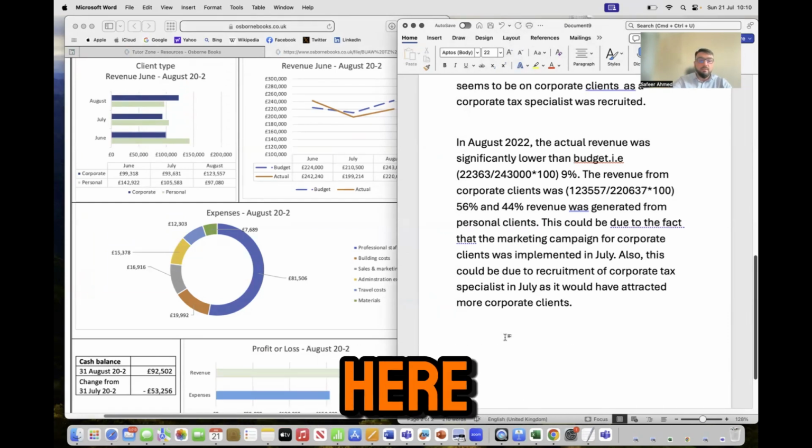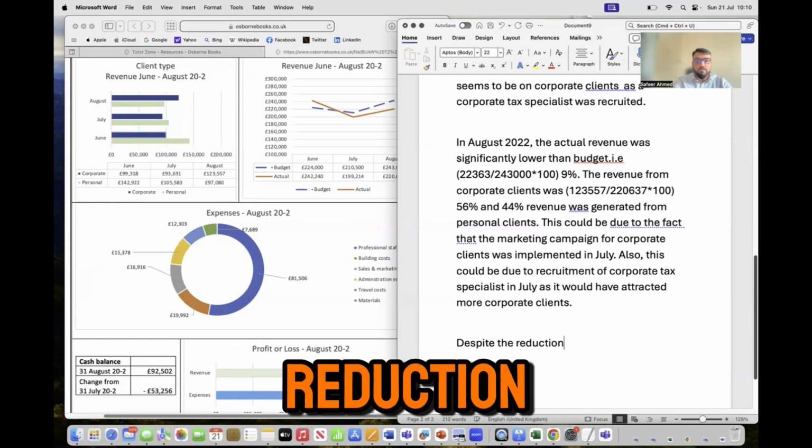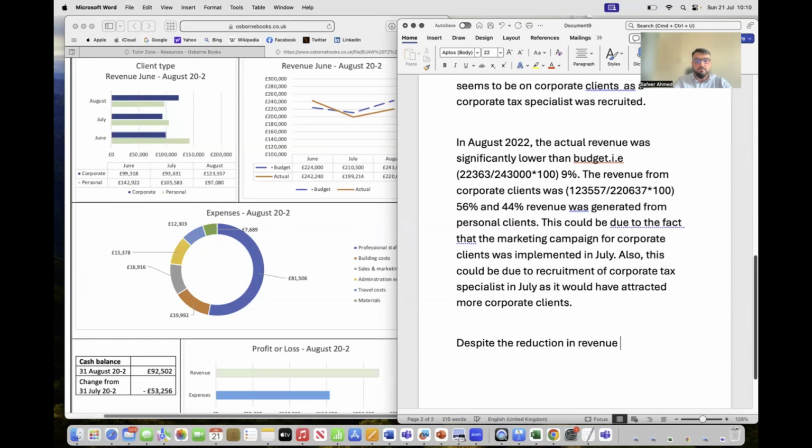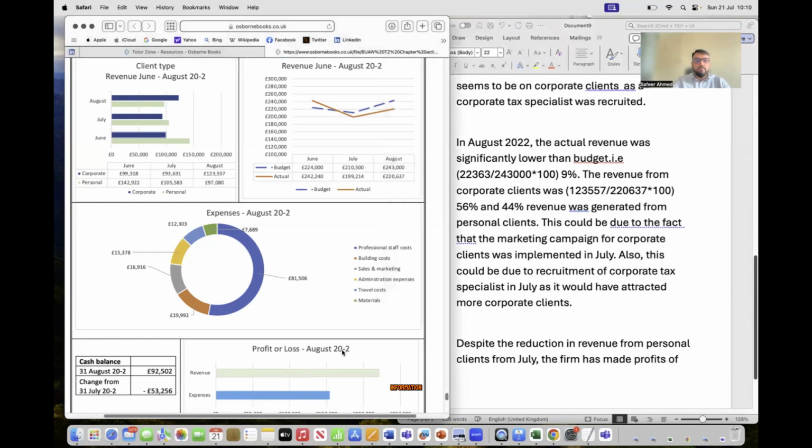So what you can write here, that despite the reduction in revenue from personal clients from July, the firm has made profits of. So again, that information is given to you.